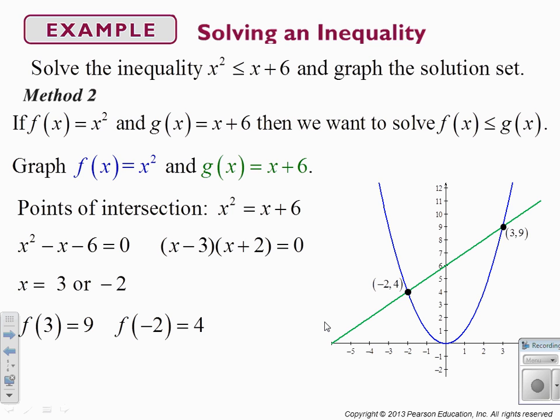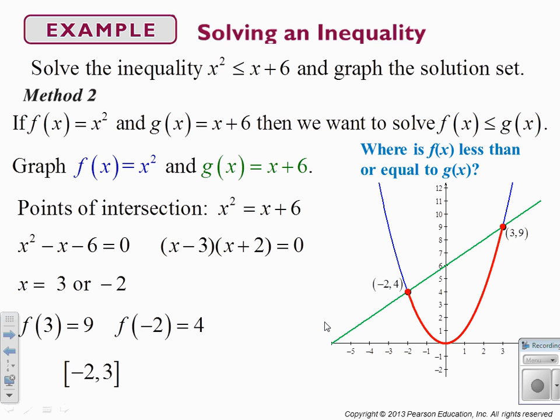So these coordinates are -2, 4, and 3, 9. So let's go back to the original question. Where is f of x, for the blue one, less than or equal to g of x, which is the green one? And that happens between -2 and 3.